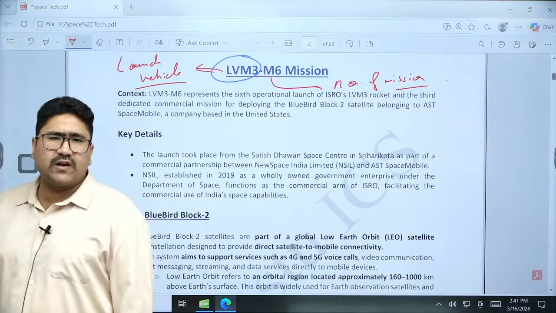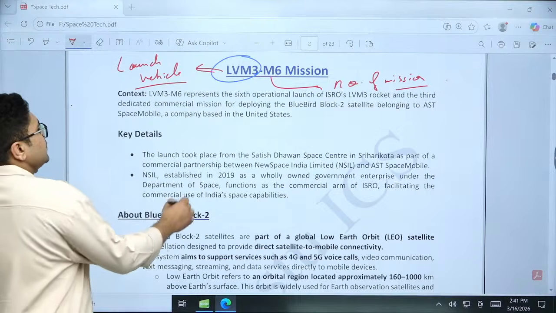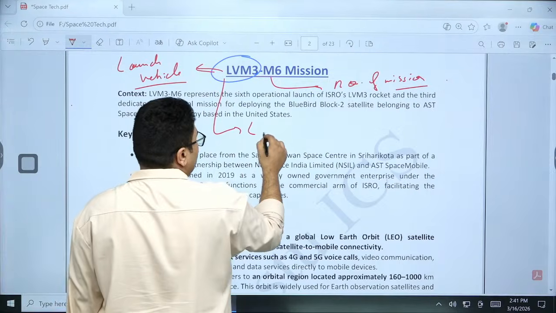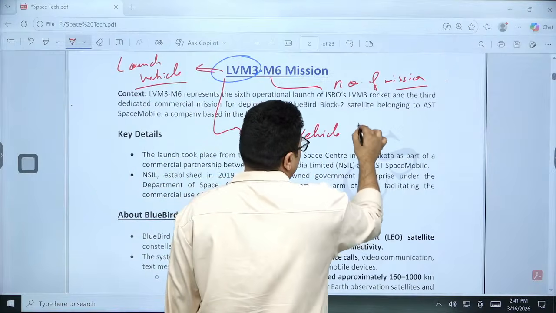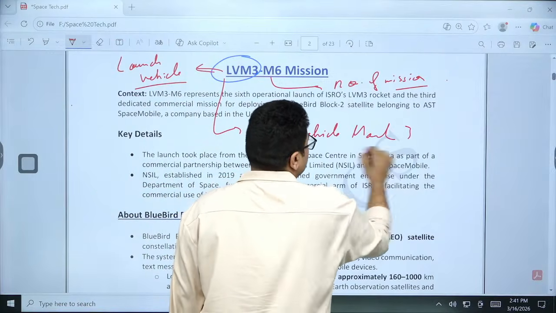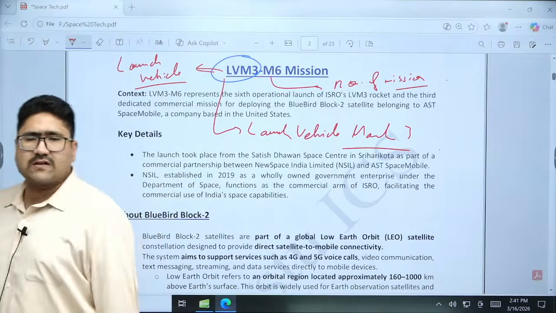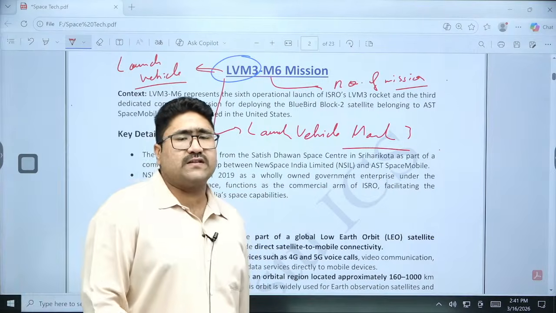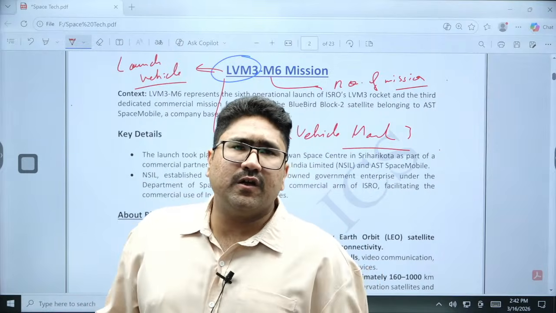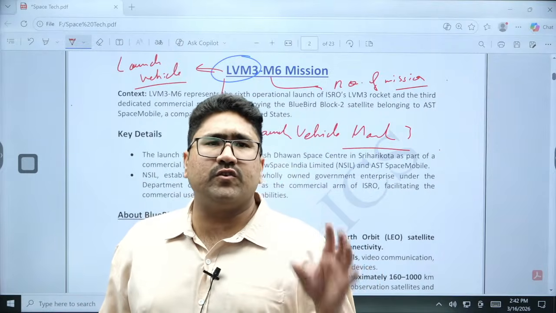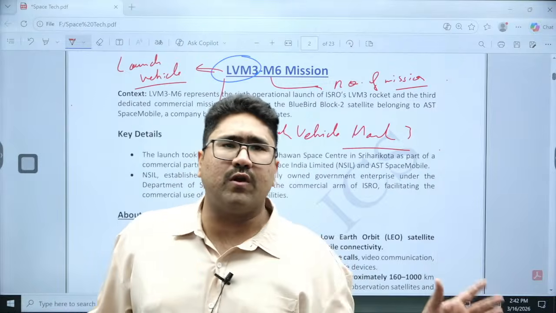LVM3, as you all know, stands for Launch Vehicle Mark III. It is the most advanced launch vehicle of India, and it is the vehicle used to launch the heaviest of all satellites.